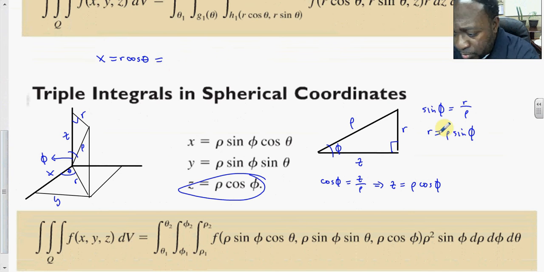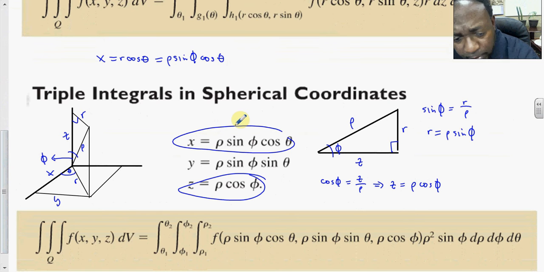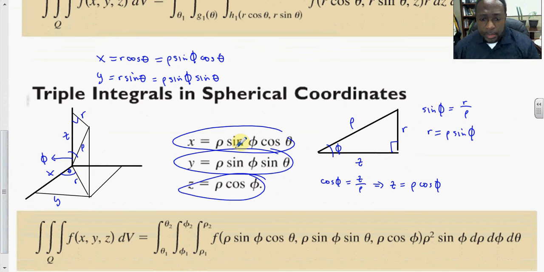But if r is equal to rho sine phi, and then times cosine theta, we build this one. And likewise, y is equal to r sine theta, but r is rho sine phi, and then times sine theta. So it all makes sense.